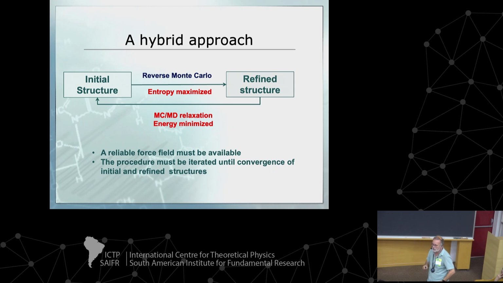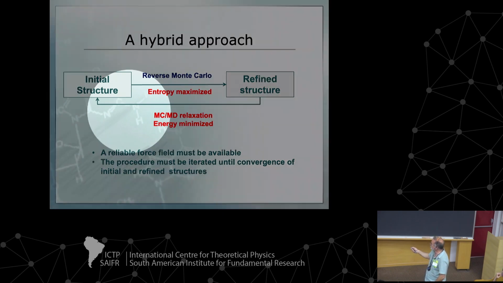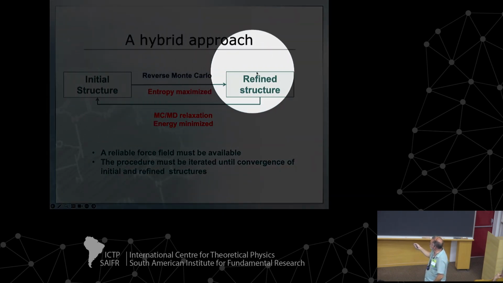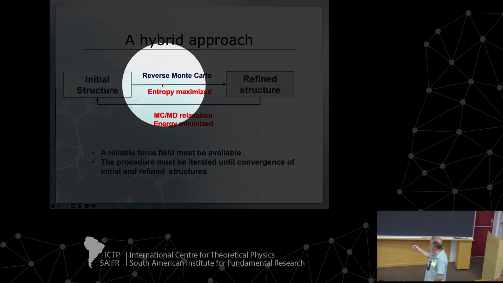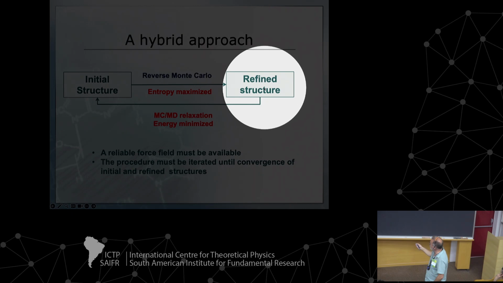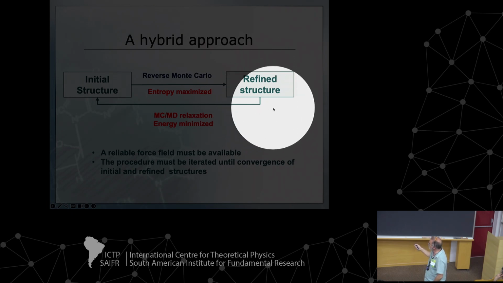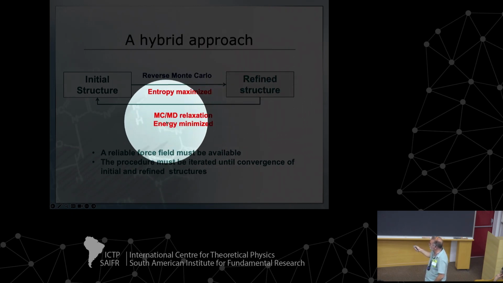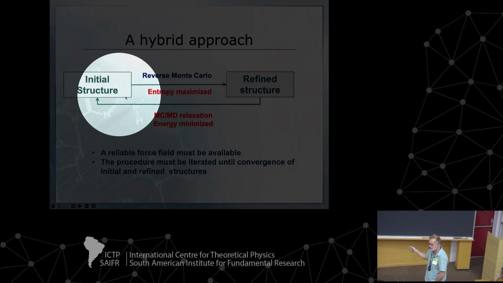You can use a hybrid approach if you have some idea about the interactions. If you have some idea about interactions, what you do is you start with an initial structure, you refine the structure, use the reverse Monte Carlo, which maximizes the entropy, and here you put a force field, and you do a molecular dynamics or a Monte Carlo, and you minimize energy.